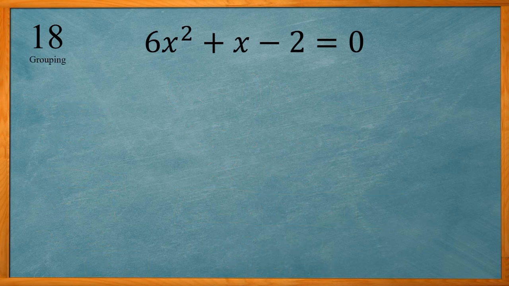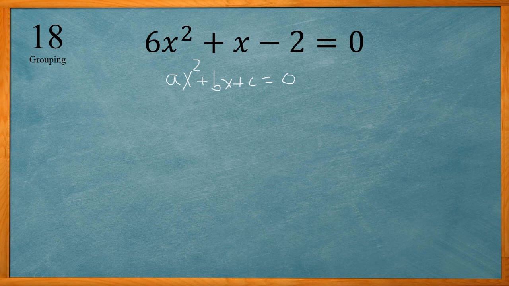Now another way to solve these, instead of just guessing, you can do this systematically. Remember the quadratic is really ax squared plus bx plus c equals 0. That's the generic form.